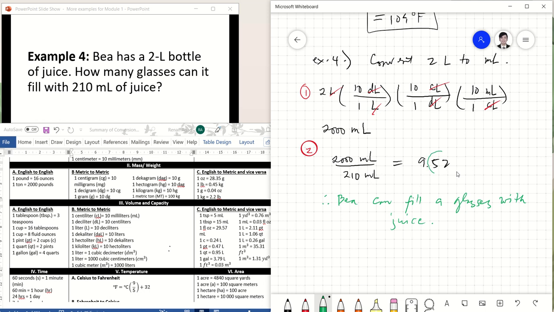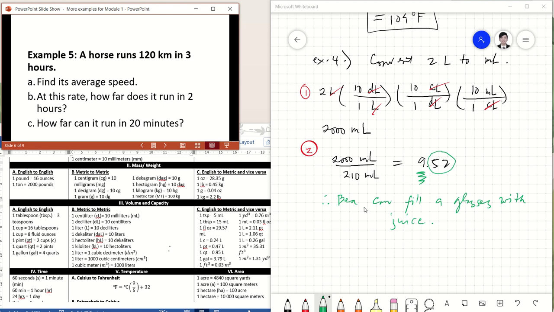Because the 10th glass is not filled. We're not able to fill it with the juice because it's just half of it, or approximately half of it. So it's not counted. What we want to know is the number of glasses that are really filled with the 210 ml of juice, and it's only 9 glasses. So this is the answer.